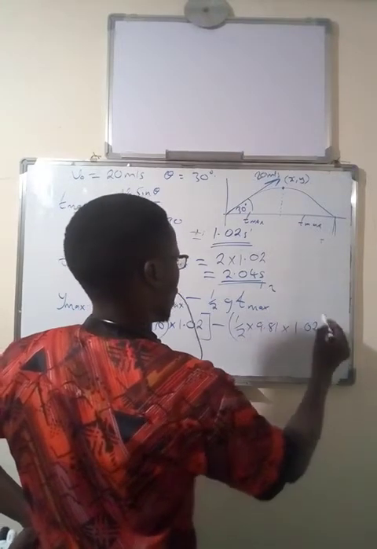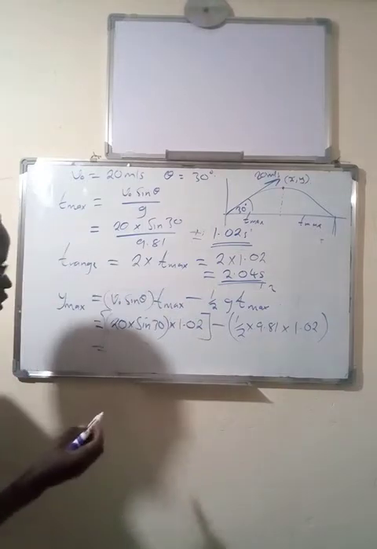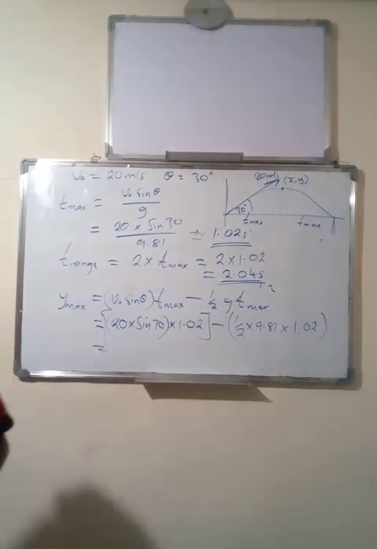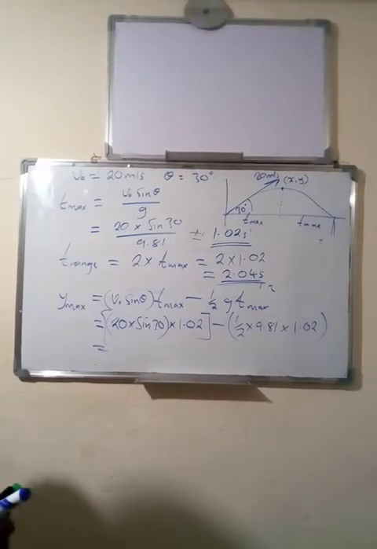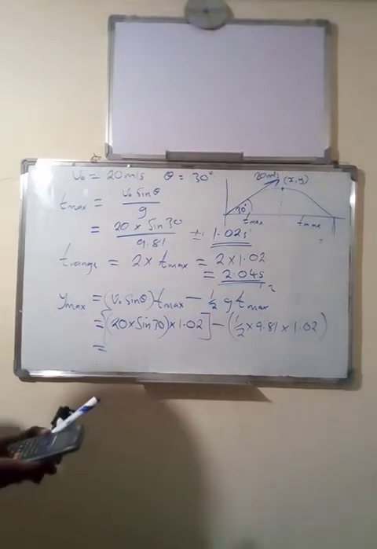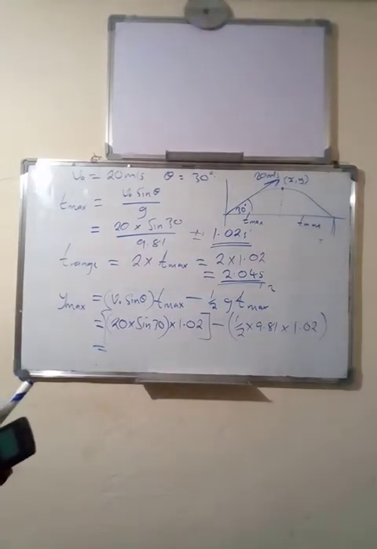So this is then going to give us, so that times, let's say times 10, then minus 2.5, minus 9.81 by 1.02.